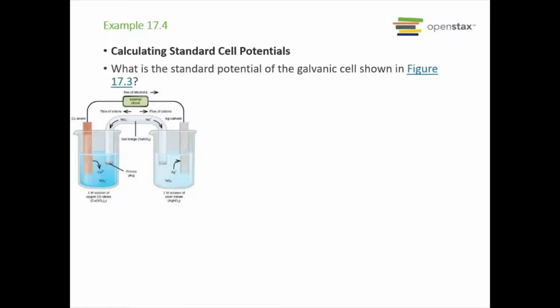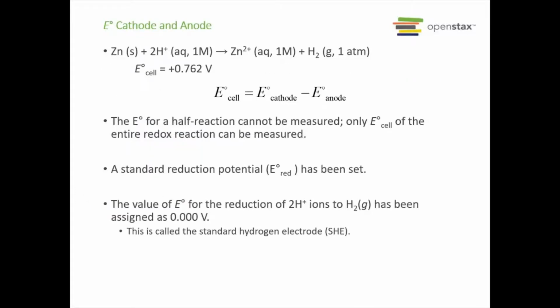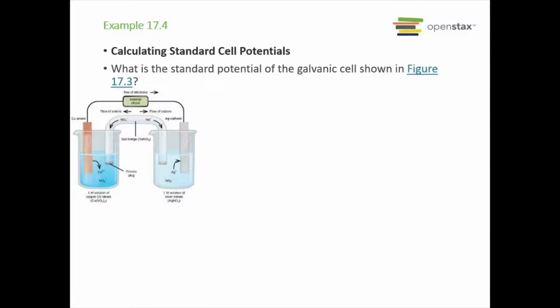So let's go ahead and look at an example where we want to calculate the standard potential of this galvanic cell that I copied and pasted the picture of, since it was talking about figure 17.3. So this is a galvanic cell, and so we have the anode, which has the copper, and the cathode, which has silver.